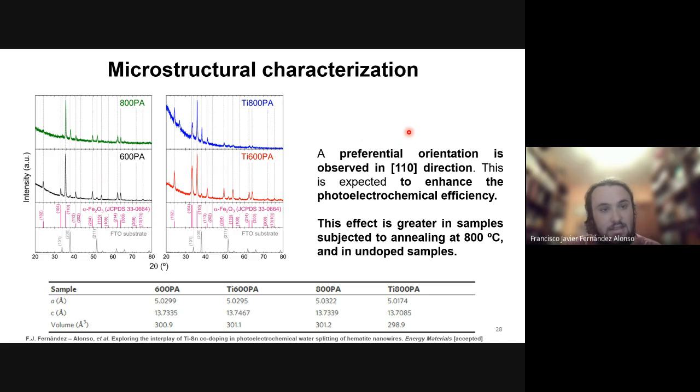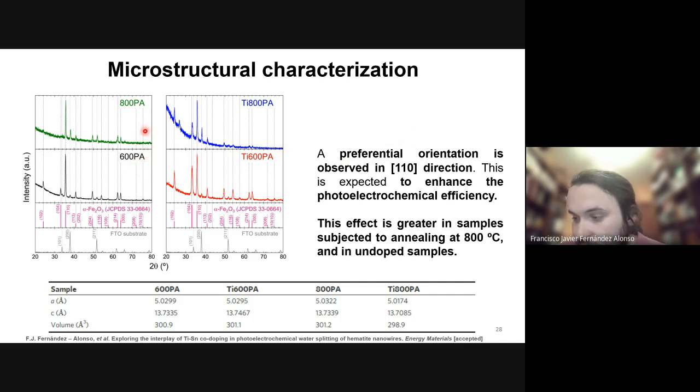However, we see that the preferential orientation is greater in samples that are subjected to annealing at 800 degrees compared to the ones that are only subjected to the low temperature annealing. And we also see that this effect is greater in undoped samples compared to titanium doped samples.